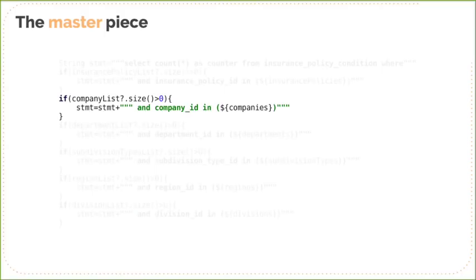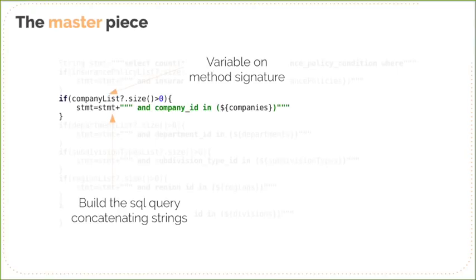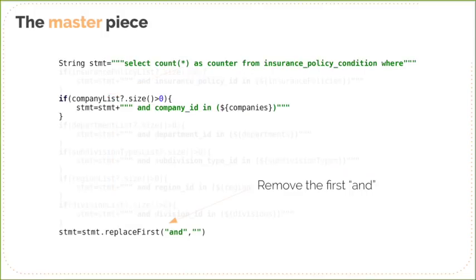Instead of doing this, if you use the Groovy truth, you can write this code just as if company list, right? This is the variable from the method signature. And then here we build a SQL query concatenating strings. So what could possibly go wrong with this, right? And finally here, we use the string with the values that we calculated in the previous step. And of course, remember that we do this in the 6 cases for departments, subdivisions, regions, whatever, right?